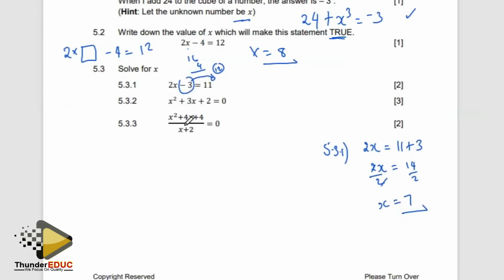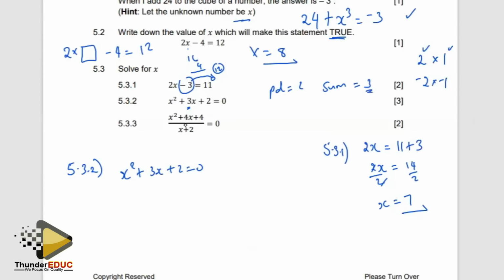Then 5.3.2, because it's a quadratic equation, I need to factorize it. Now, I know that my product is a 2, but my sum is a 3. Which two numbers do I multiply to give me 2? It's basically 2 times 1, or -2 times -1. But if I add these two, I'll get a sum of 3.